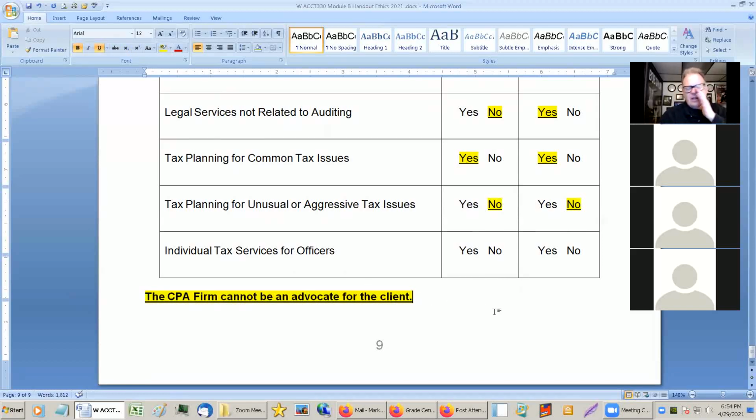And that's either rules. You cannot be an advocate for the client. You have a role as sort of a police officer or something like that. You cannot be an advocate for the client. And they may want you to.